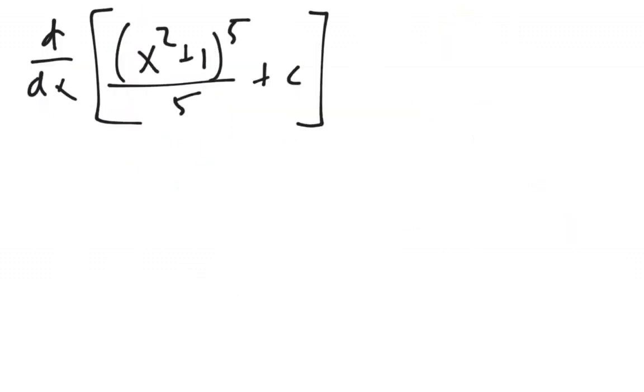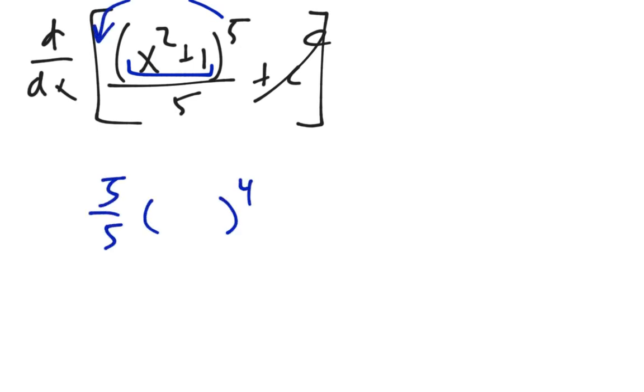Check it out. Let's just take the derivative of this backwards to see that we get the original integrand. So the derivative of the constant c will go away because it's just added. And then when I do the derivative of stuff, check it out. Here's that stuff to the fifth. I'm going to bring down the 5, so I'll have 5 over 5, stuff to the fourth, and then I'm going to chain rule the stuff to the fourth.